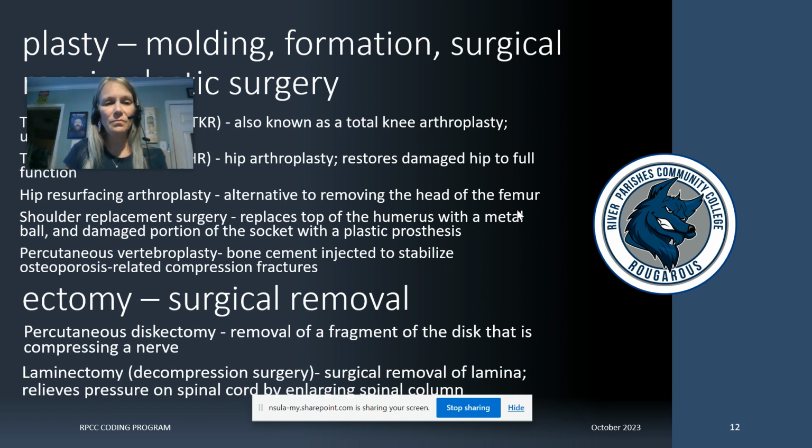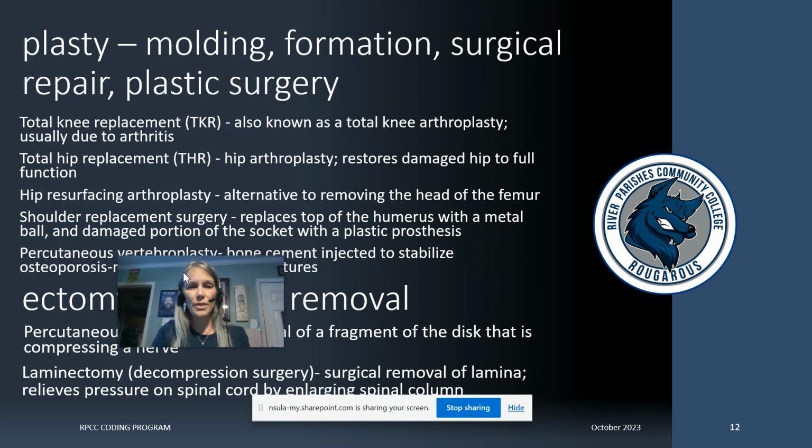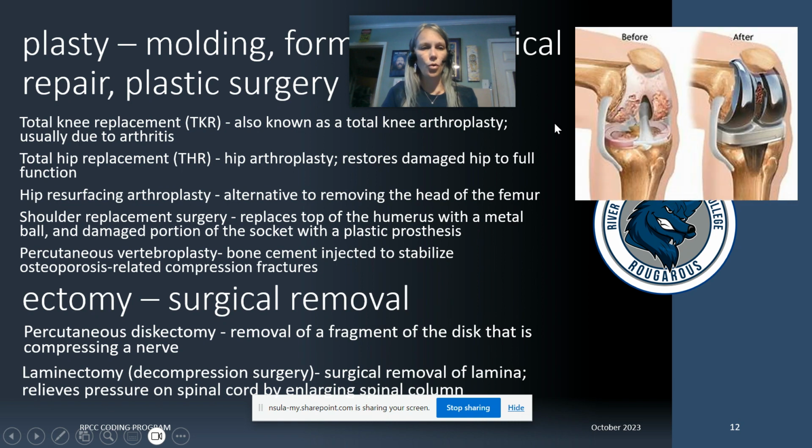All right. So our next one is plasty. So remember, that is molding, formation, surgical repair, plastic surgery. We have our total knee replacement. Here's a picture of one right here where they're replacing pieces of the knee so that the knee works again.